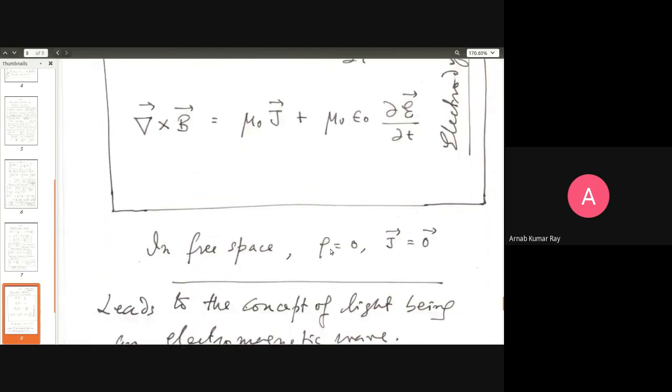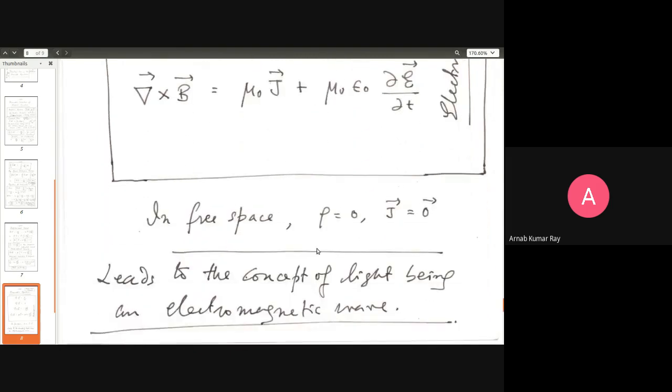There is one last point I'd like to make before moving on, which is that in free space, meaning a space that does not contain any charge, it will also not contain any current. Nevertheless, vacuum, free space as it is, can contain electric field and magnetic field. Consider the sun.